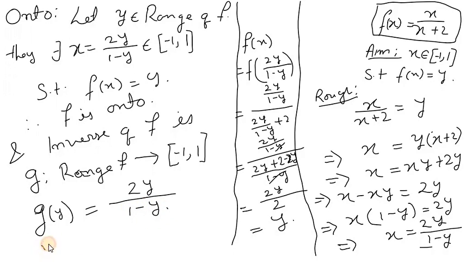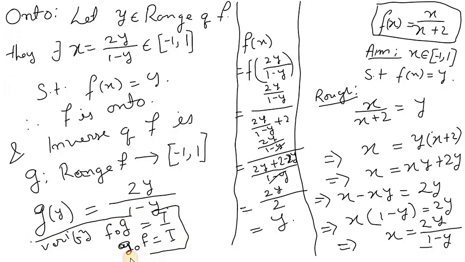You can verify that f∘g is the identity and g∘f is the identity. So you just try to verify this part. If you verify, then you will get it.